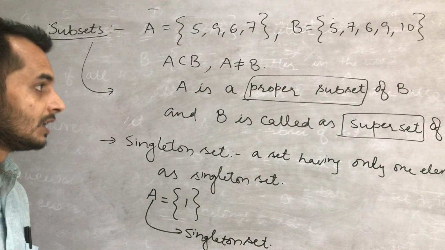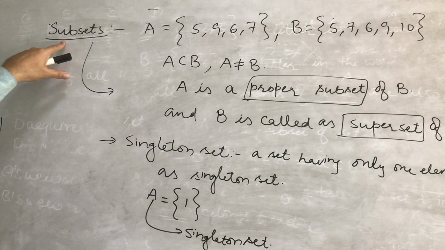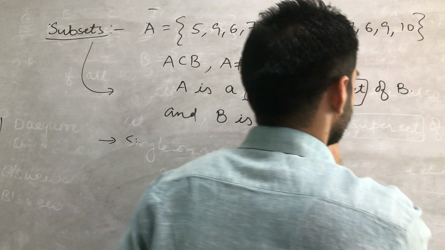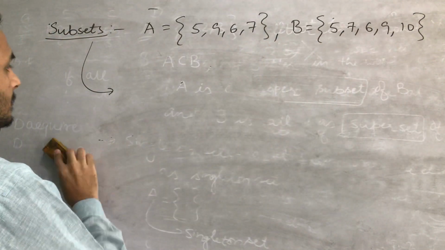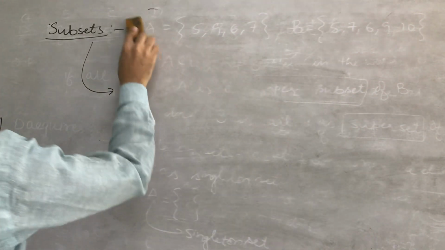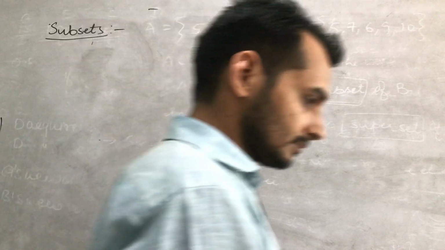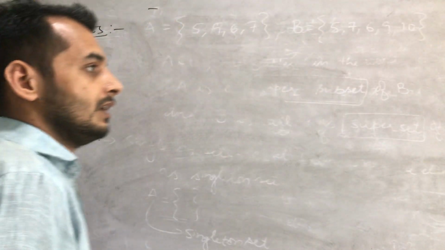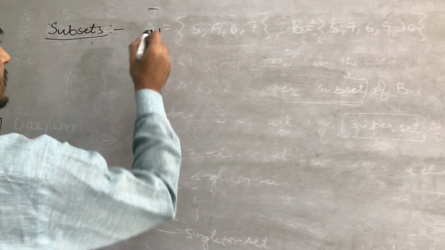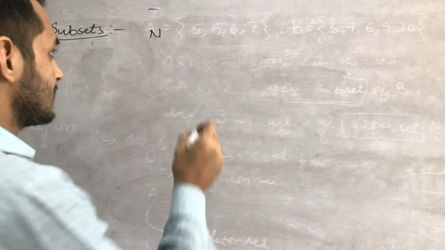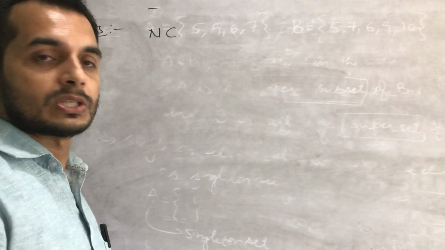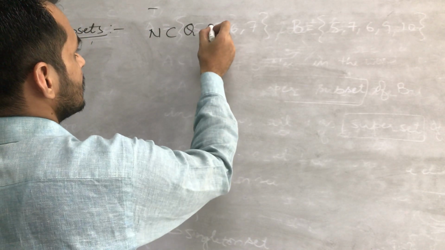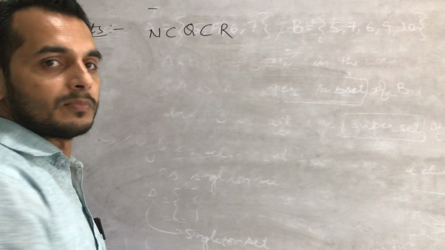Now let's take some examples of subsets. The set of natural numbers is a subset of rational numbers, which is a subset of real numbers.